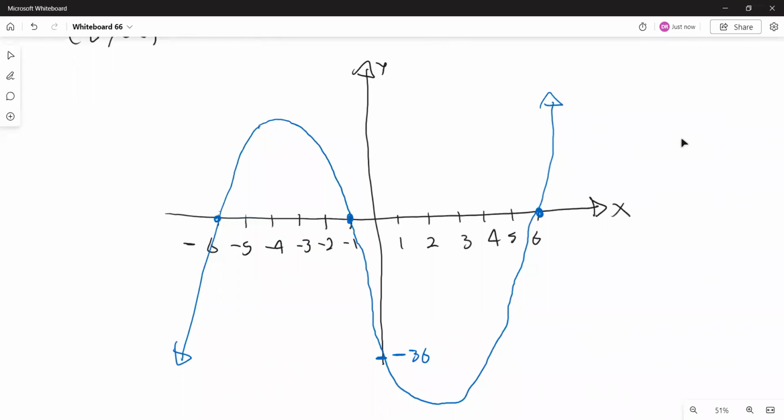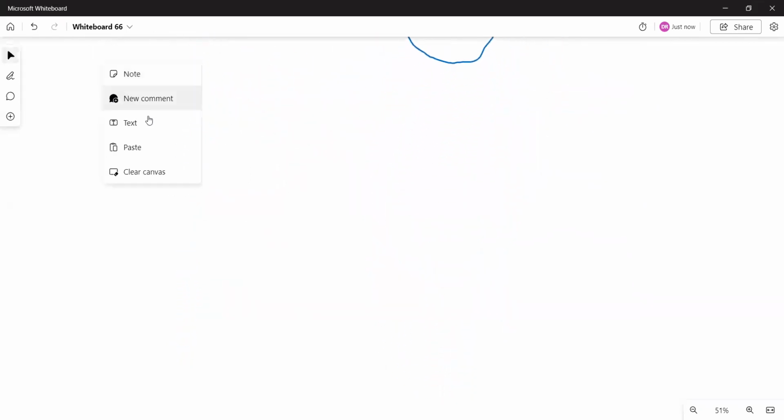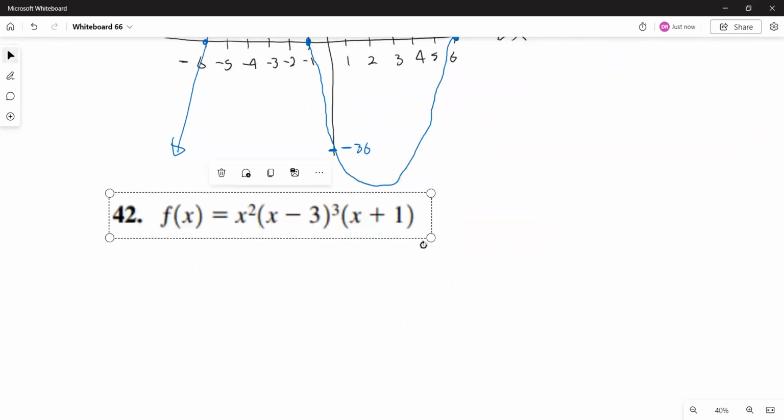And this is going to be the last example. Number 42, we have the same questions. We are going to graph the polynomial function. The nice thing about this one is that it's already in factor form.